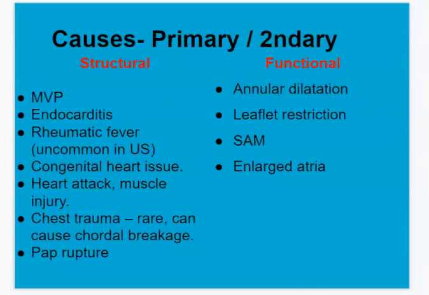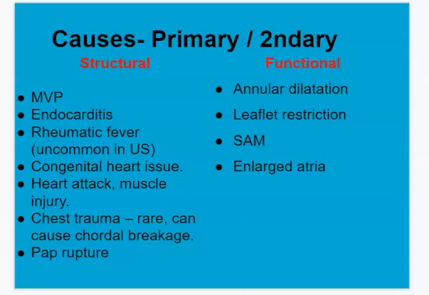And we do have primary and secondary causes of MR, and the doctors will relate to the surgeon. Of course, they know what the causes are, but by definition, primary MR is a disease of the leaflets or cords, whereas secondary is caused by a disease of the LV or LA.